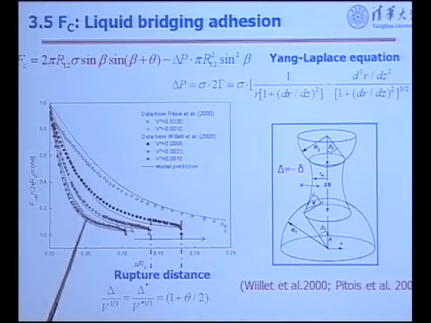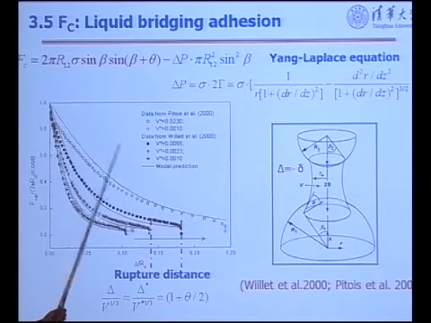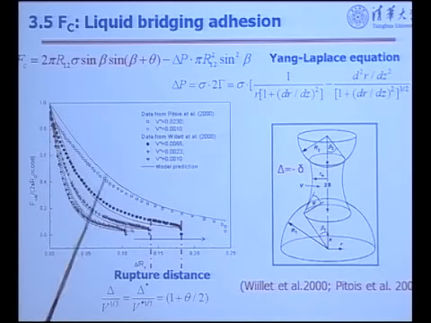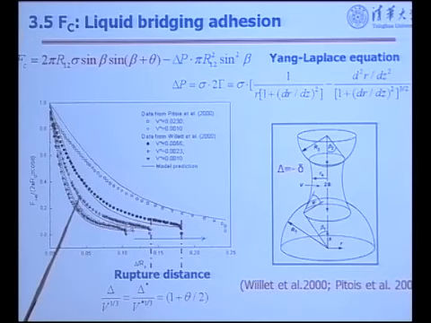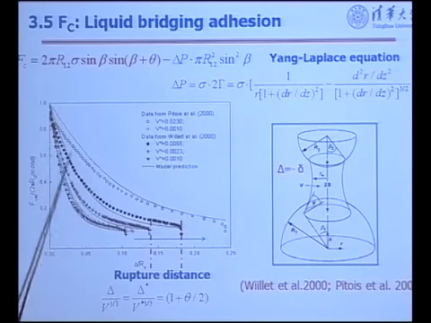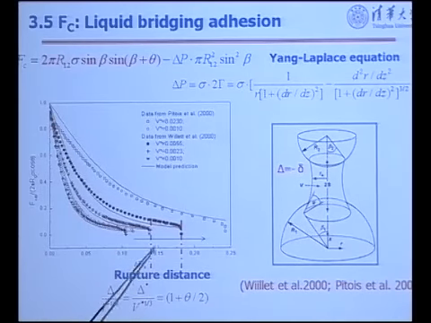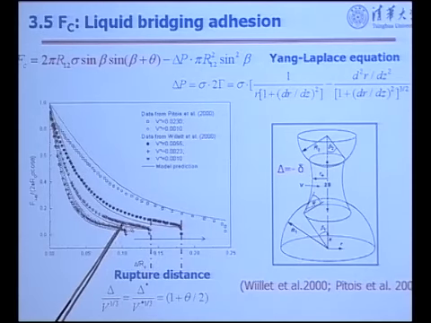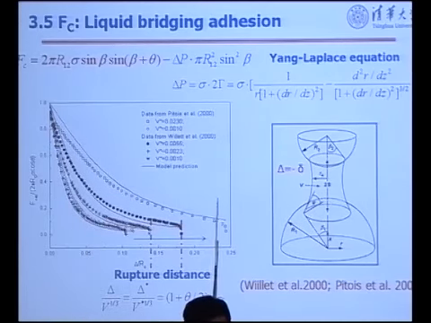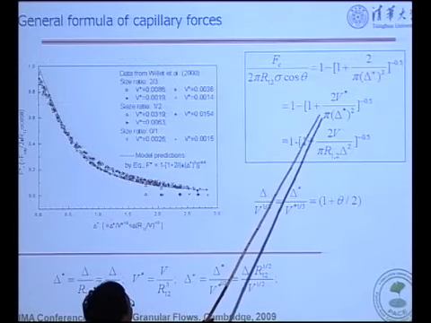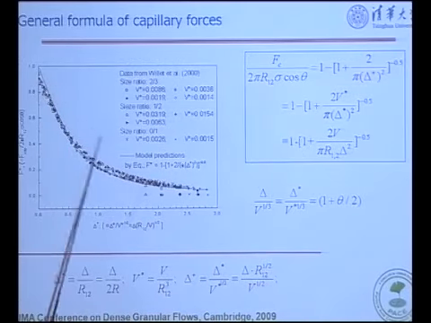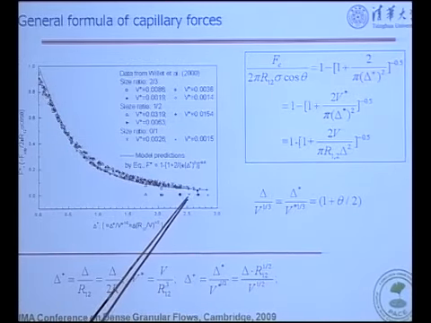From these two papers, we can find some interesting phenomena: here is the scaled liquid bridge force by the surface tension. And we can find even if you increase the volume, the line of the force versus the rupture, the separation distance, is much similar.